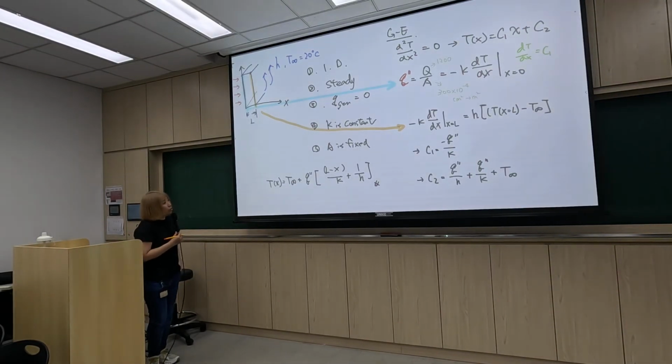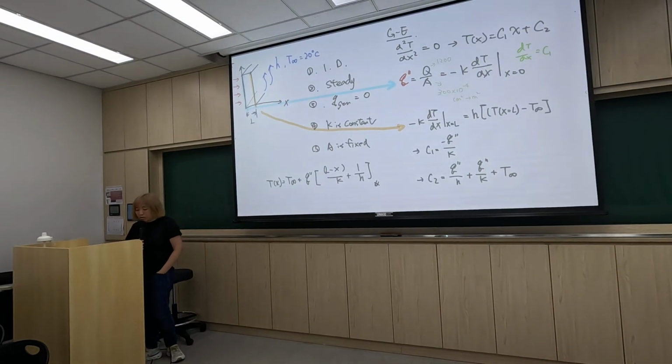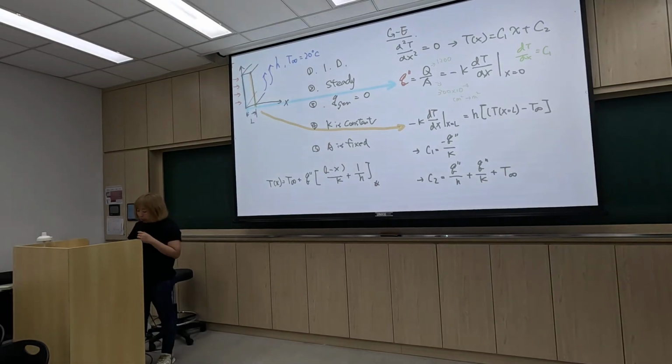So if you want to know the inner surface temperature, then you put x equals 0.